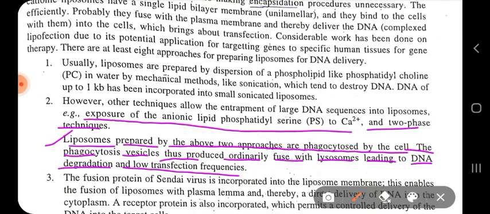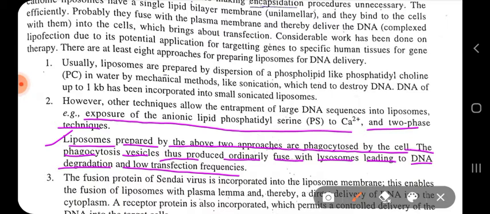So it means that during phagocytosis, we all know the phagosome gets inserted and fuses with the lysosome to form a phagolysosome. And what does the lysosome contain? We all know it contains degrading enzymes which will degrade your target DNA.